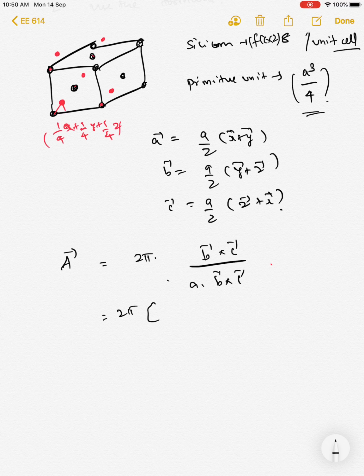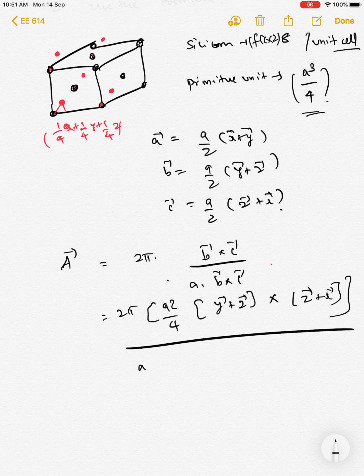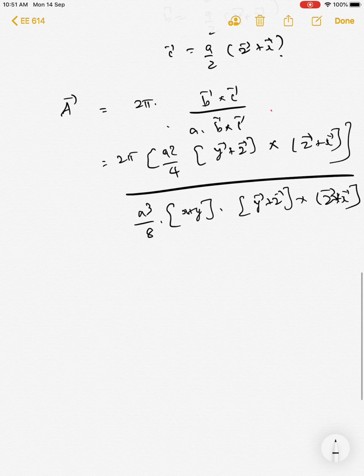So 2 pi b cross c, it will be a square by 4 (y vector plus z vector) cross (z vector plus x vector), divided by a cube by 8 (x plus y) dot (y plus z) cross (z plus x). So how will we do this? This will come out to be 2 pi by a into 2, (x plus z) into (z plus x).